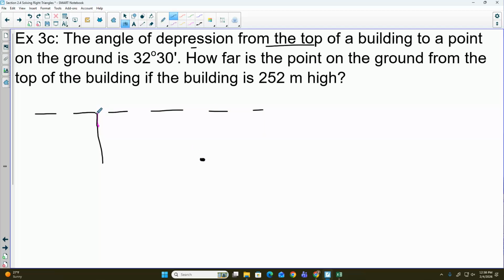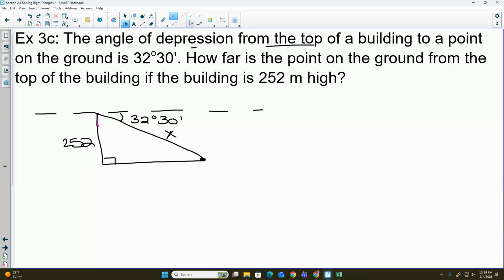And from there down to a point on the ground, the angle that's formed is 32 degrees, 30 minutes. How far is the point on the ground from the top of the building if the building is 252 meters high? So this is my height, 252. I want to know the distance from the point to the top of the building. So I'm looking for my hypotenuse this time.